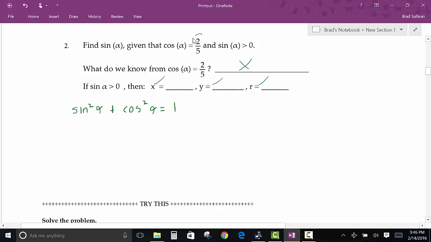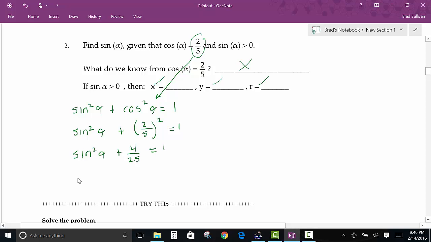Notice that I gave you that the cosine of alpha is 2/5, so it plugs in like that. So you're going to have sine squared alpha plus 2/5 squared equals 1, which gives sine squared alpha plus 4 over 25 when I square that.